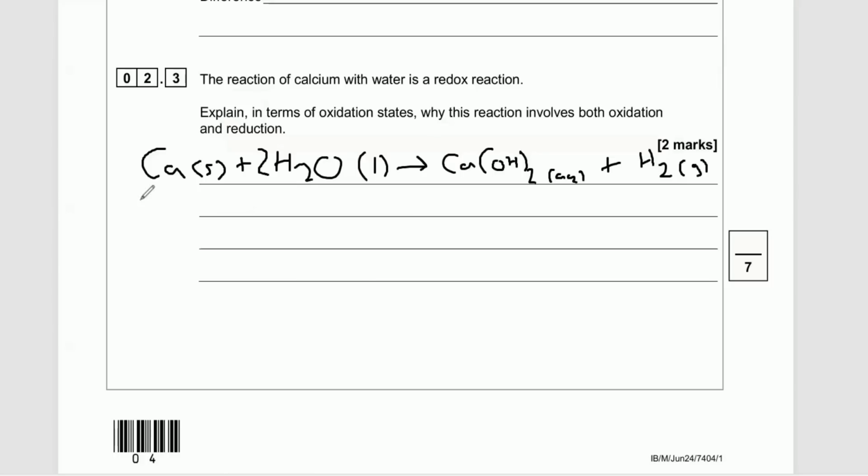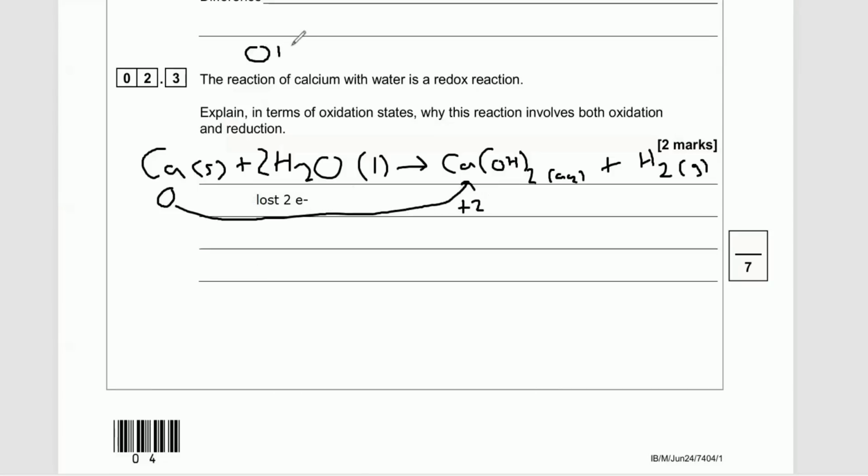So you should know how to do this. Calcium is in its elemental state, so it has a 0 oxidation state. If we take that through to here, calcium is now in a +2 state because it's a group 2 metal, and that means what has happened to it? It has lost 2 electrons. And what has happened if you've lost 2 electrons?